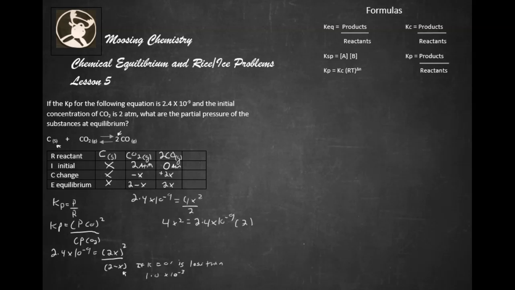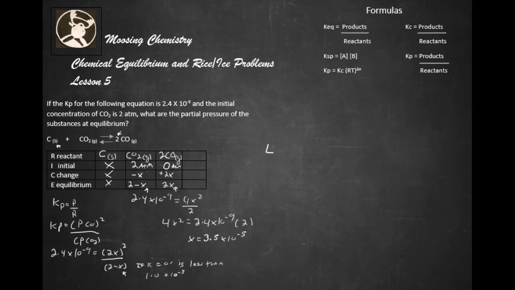Okay, and when we do the math there, we're going to get x to equal 3.5 times 10 to the negative 5th. So I'm going to take that and place that back into this x and this x to get each concentration.